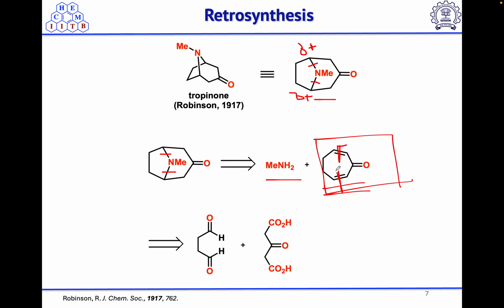So this C-C and this C-C disconnection we can think. For this part, we can easily think about malonaldehyde, and for this part, this keto carboxylic acid. Okay. So any doubt for this slide? No, right? So we can move to our forward synthesis now.